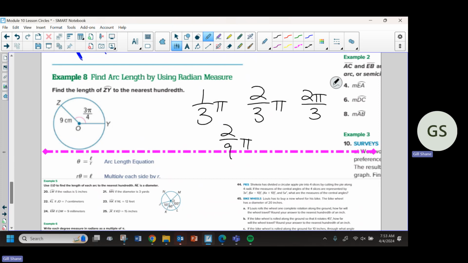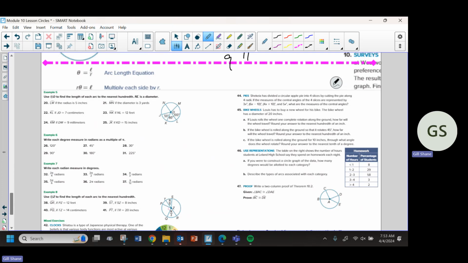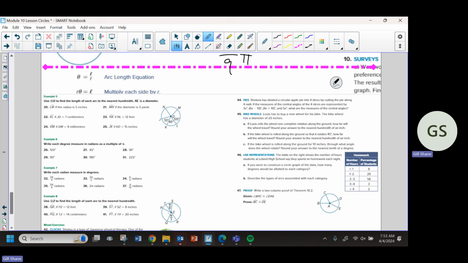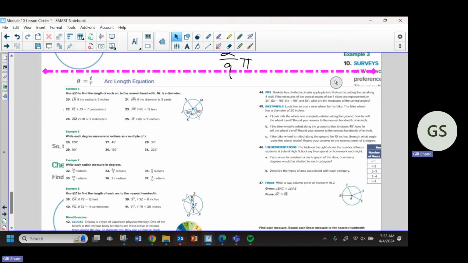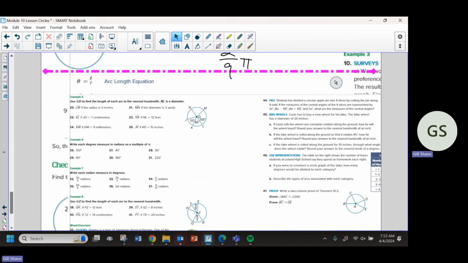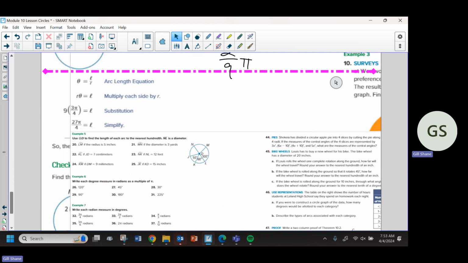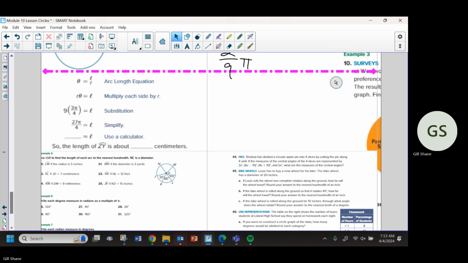All right, so we got to do one more problem. This will kind of be a review, I guess, that we didn't get to. Look at example 8. I don't know what page that is. Example 8, that's page 206? Maybe like page 203, 204. Somebody tell us what page it's on. 204.